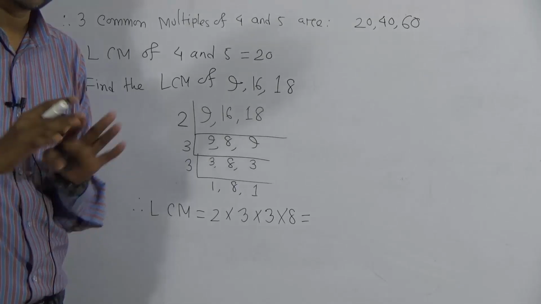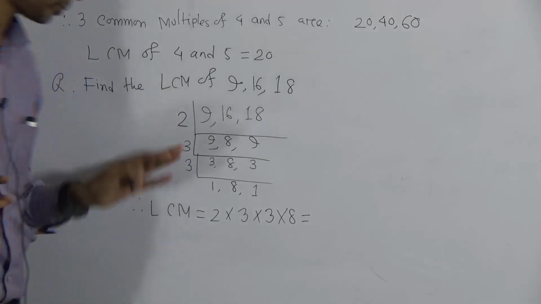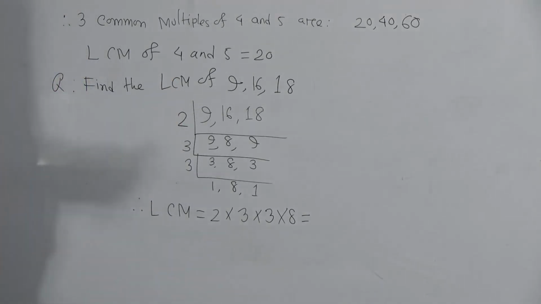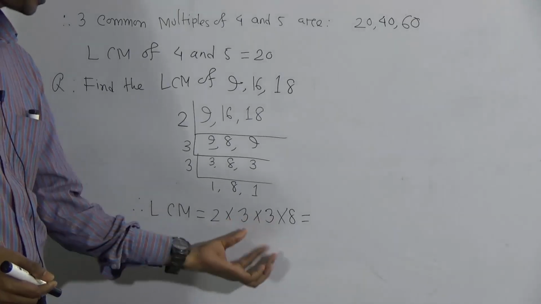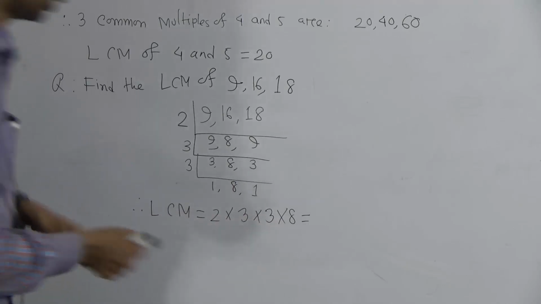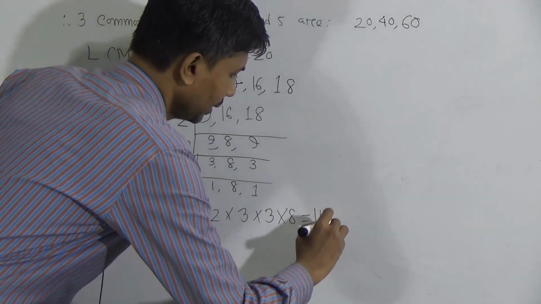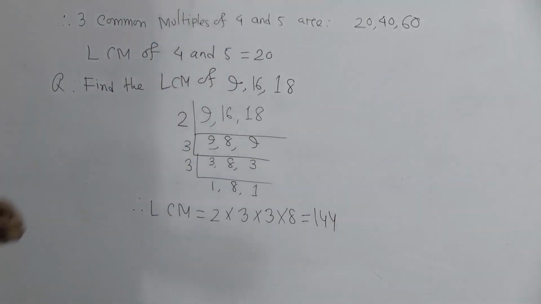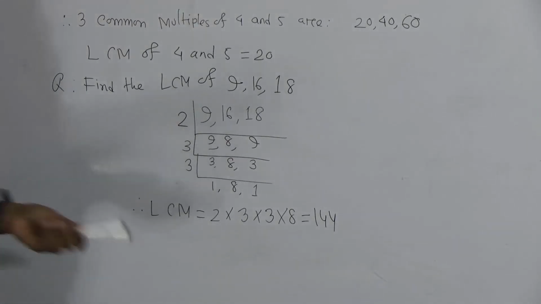Okay, that means the result is the same. Look, now you have to multiply these: 3 threes are 9, 9 eights are 72, 72 into 2 equal to what? 144. Okay, student, this is the LCM. So I will show you the 2 processes for determination of LCM.